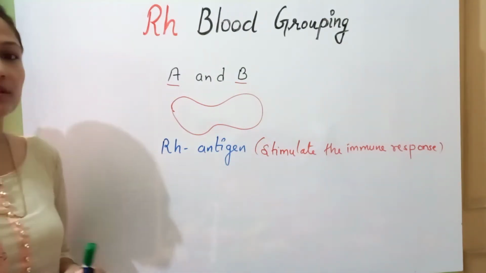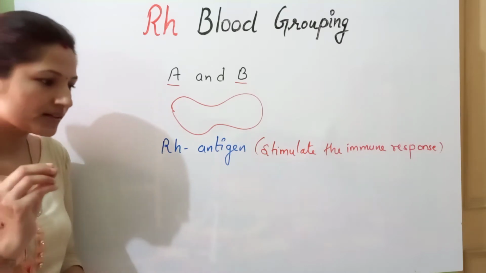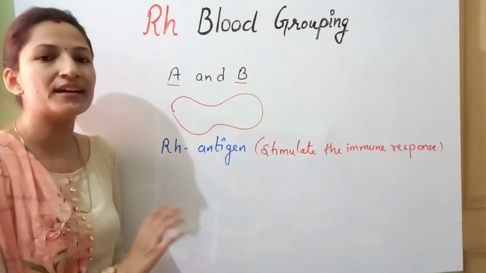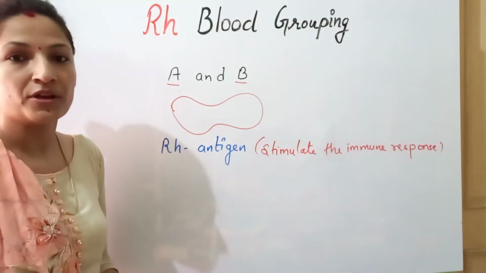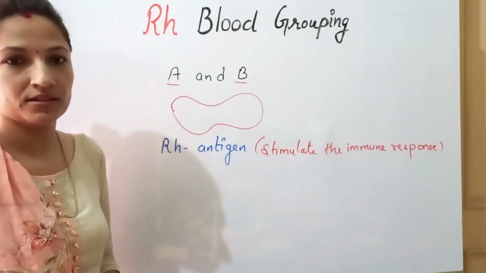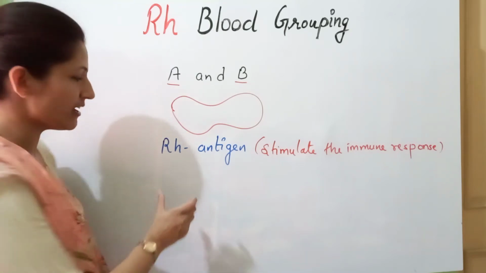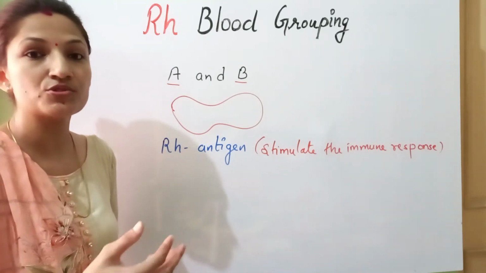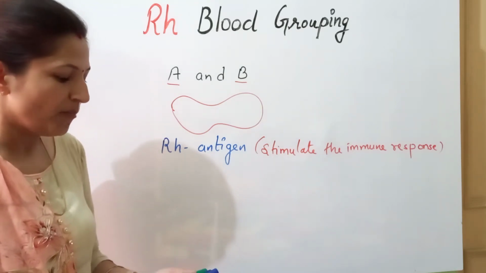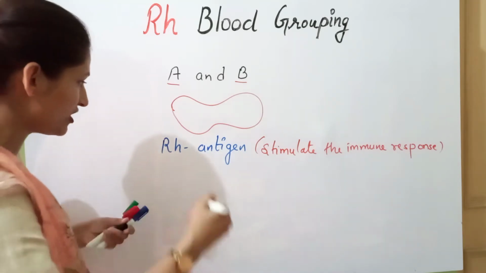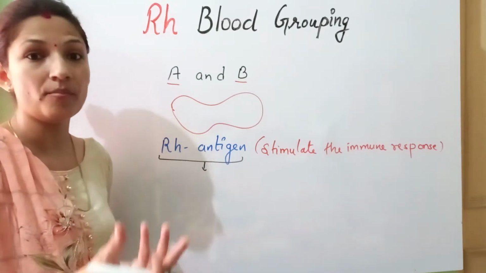Now for this particular RH blood grouping, under this RH blood group system various antigens are coming, near about 40 or more than that. We used to call them RH factors because various types of antigens are there, but the majority of RH antigens are of 5 types, which are very common.